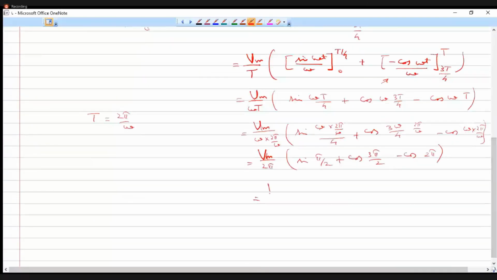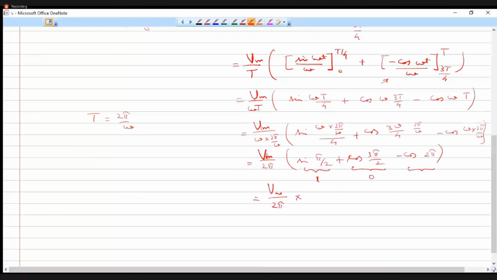So here we have Vm by 2 pi into, what is sin pi by 2? Sin 90, which is equal to 1. Cos 3 pi by 2 is cos 270, which is equal to 0.